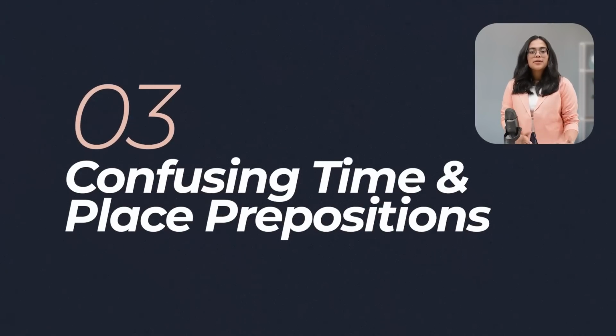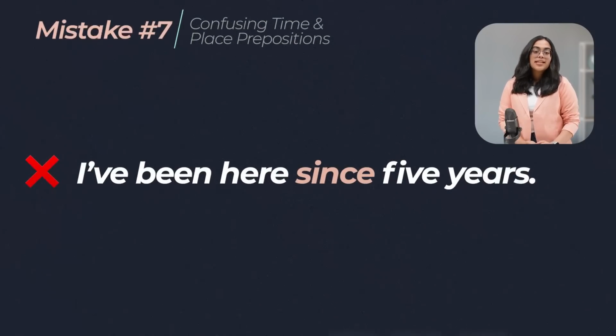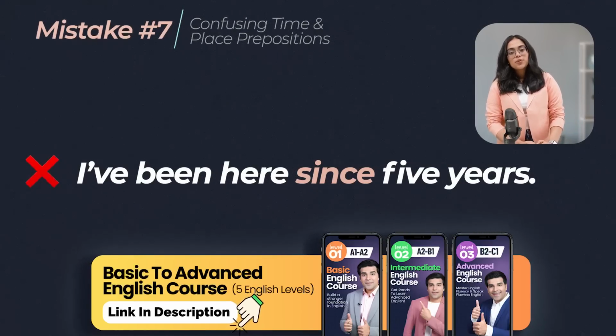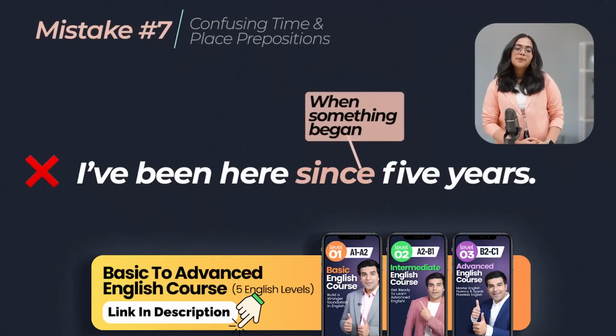Alright, now let's move to part 3 of our lesson, where you're going to look at confusion between time and place prepositions. Here's a sentence on your screen which is incorrect. I have been here since 5 years. Now note, since is used for a starting point in the past. It tells you when something began.